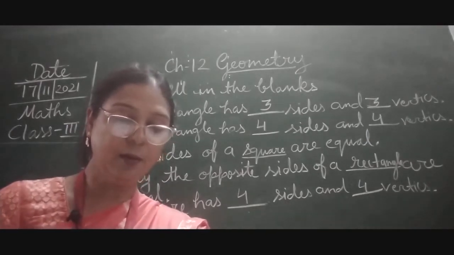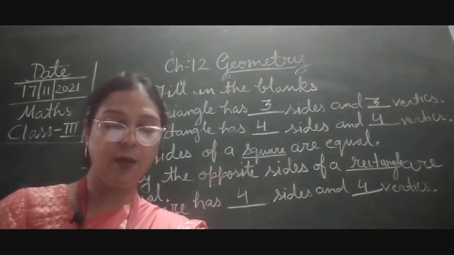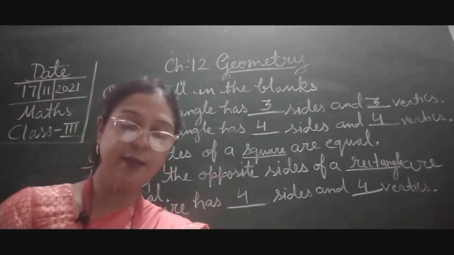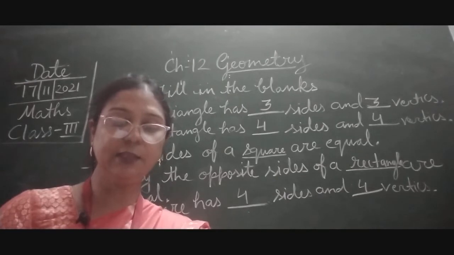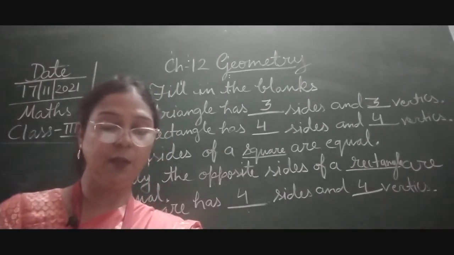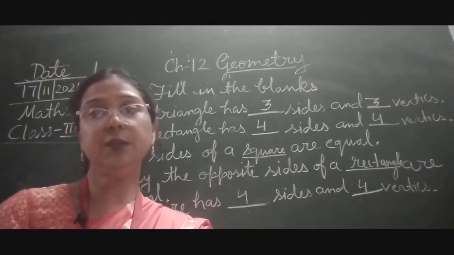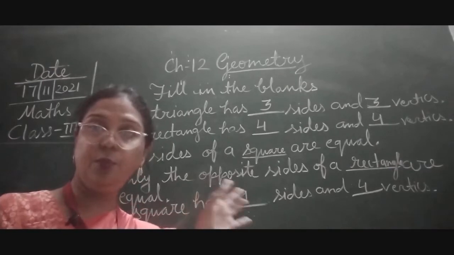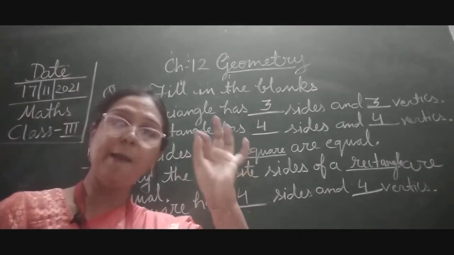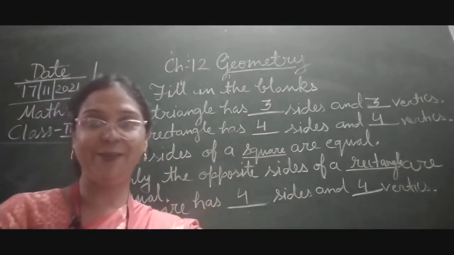Now 10 number, use the following dot paper and draw a triangle, a rectangle and a square. We are going to draw on the dot paper. Right now we don't have dot paper, so I will draw the dots on the board and then we will join the dots and make our shapes. Okay children.